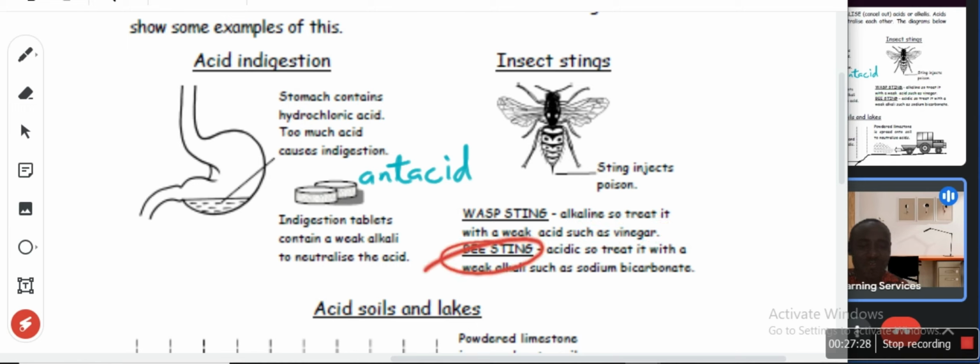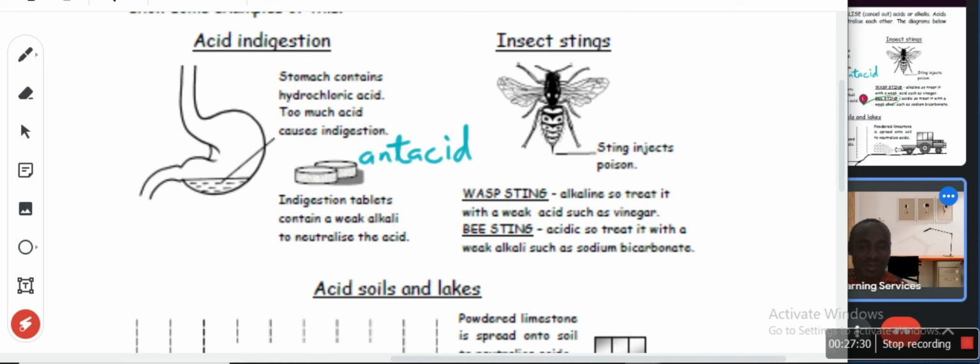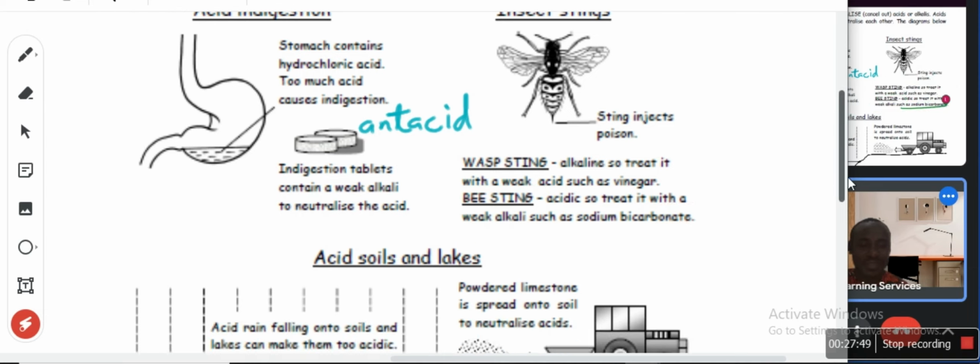The sting of a bee is what? It is alkaline. No, the bee sting. Acidic. So if you want to treat it, what should you use? Weak alkaline. You use a weak alkaline to treat the sting of a bee because it will neutralize it. A weak alkaline like sodium bicarbonate.